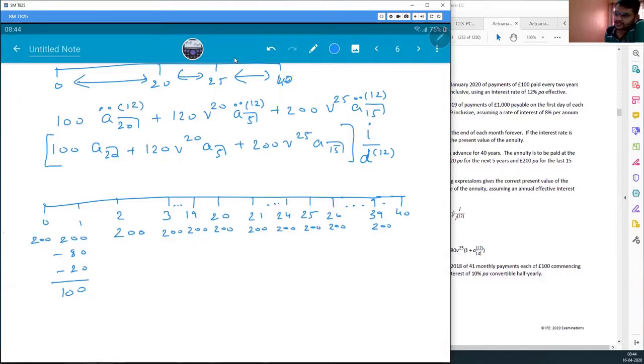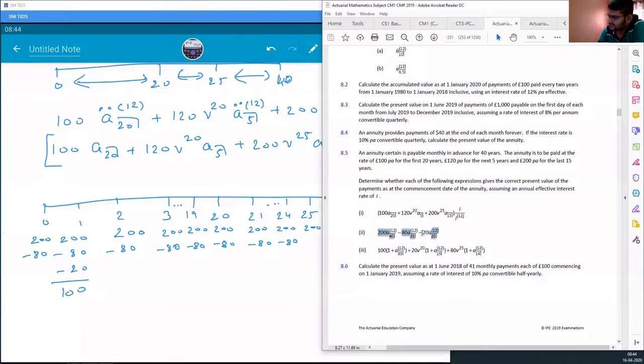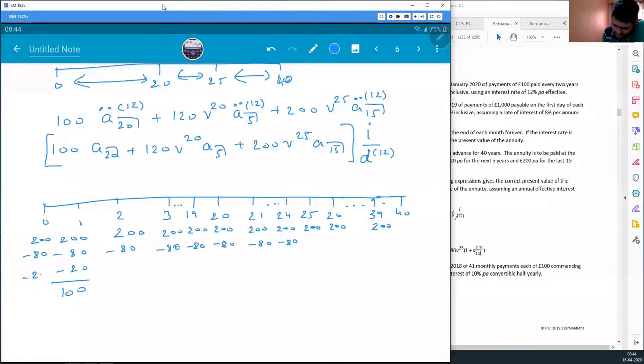And for the first 25 years, we'll be subtracting 80. So I will be subtracting 80, 80, 80, because everything is in advance, that is why from 0 to 24. And for the first 20 years, we'll be subtracting 20 as well: minus 20, minus 20, minus 20 till 19.